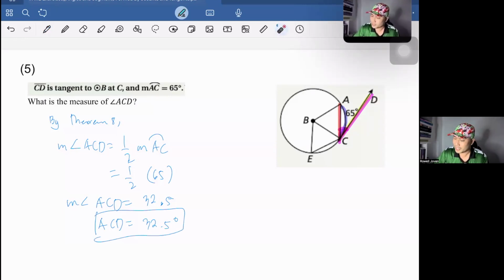So as we said, if there is a letter M here, there's no need to put degree measure. But some students would like to have a degree measure in their final answer. So if you will be writing the degree measure, you have to remove letter M. But this is enough already, 32.5. But in case you want to put a degree symbol, you can have 32.5 degrees. All right, so that's the answer for number 5.